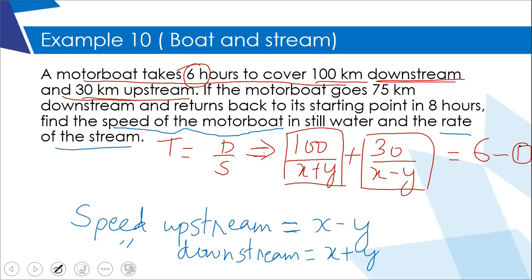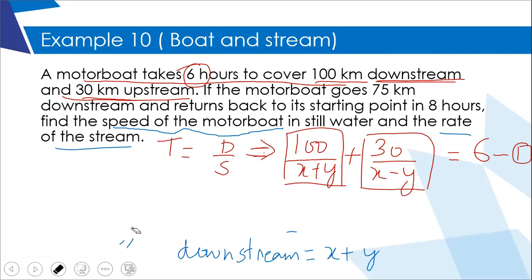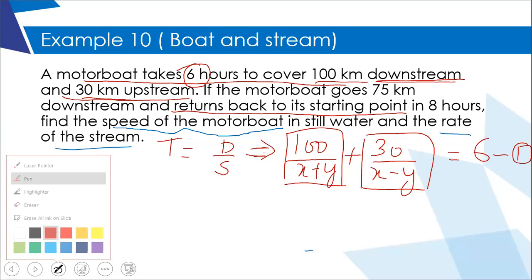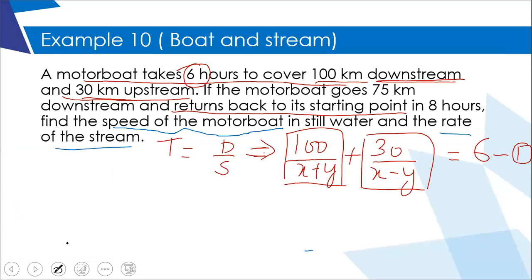I come to equation 2 now. Equation 2 I get from the second statement, which tells me that the same motorboat goes 75 kilometers downstream and returns to the same starting point. What is the meaning of this? It goes 75 kilometers away from the starting point and then comes back. So that means 75 kilometers downstream and 75 kilometers upstream, isn't it?